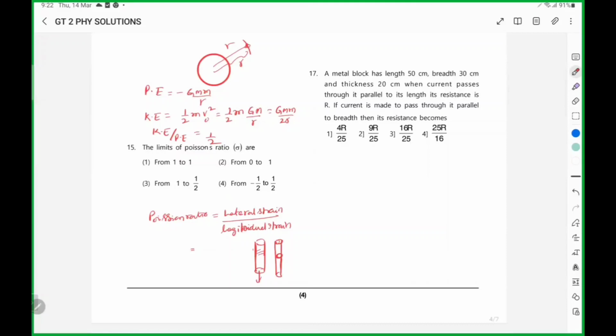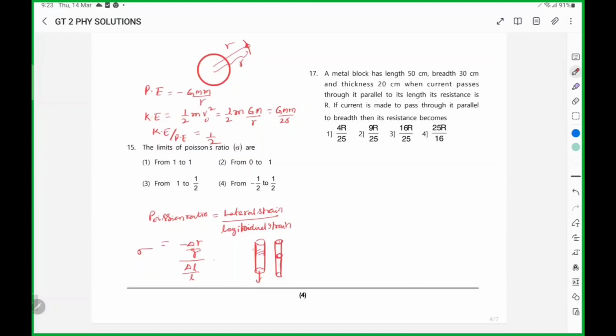Once cross-sectional area decreases, lateral strain means it is delta R by R decreases, over delta L by L. So this is Poisson ratio.